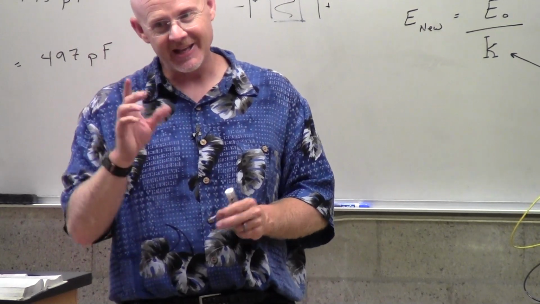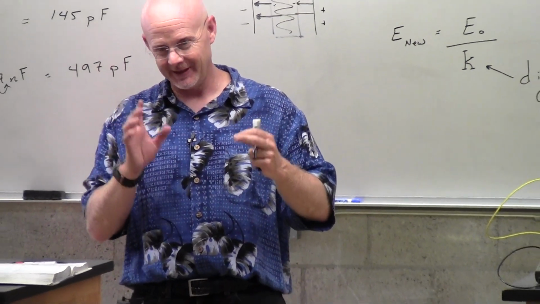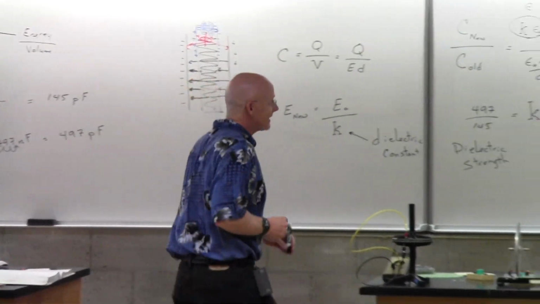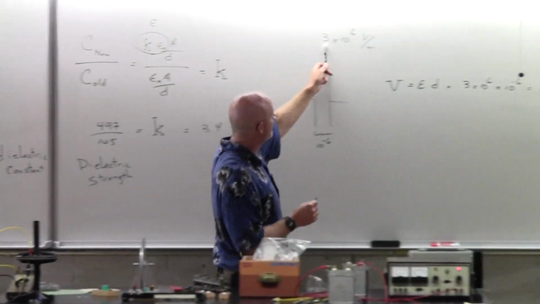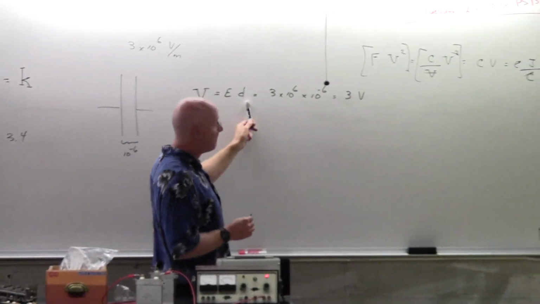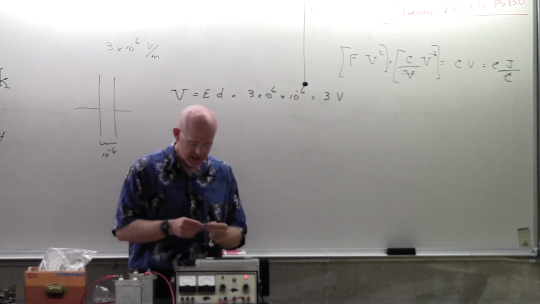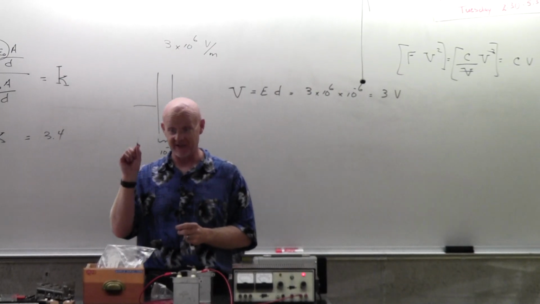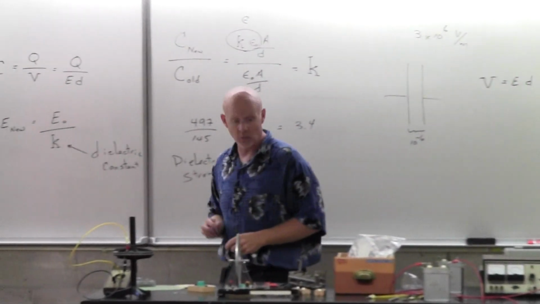But now what's the advantage of the plates being further apart? Right. I still can't exceed my 3 million volts per meter, but my distance is more, and so this one says do not exceed 50 volts. And that is far more workable.